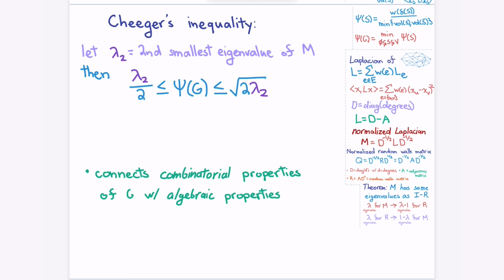But in cases where lambda 2 is a constant, which means the conductance is very large, then you'll actually get a constant factor approximation. So if lambda 2 is just above any constant, then the difference between lambda 2 and square root lambda 2 is not as bad. And so you have some bound on the conductance of the graph. So only in some regimes is this bound super useful. When lambda 2 is very small and close to 0, it becomes of less use.